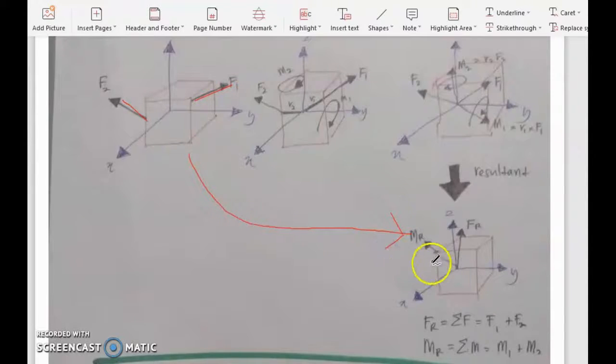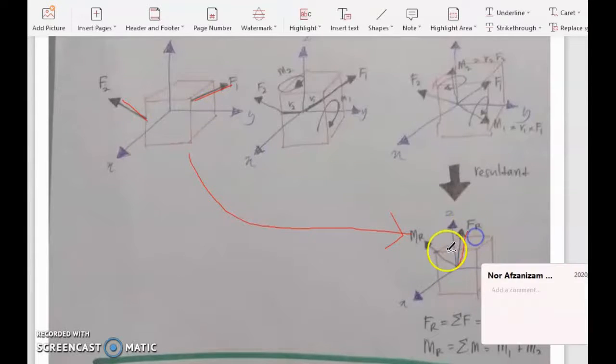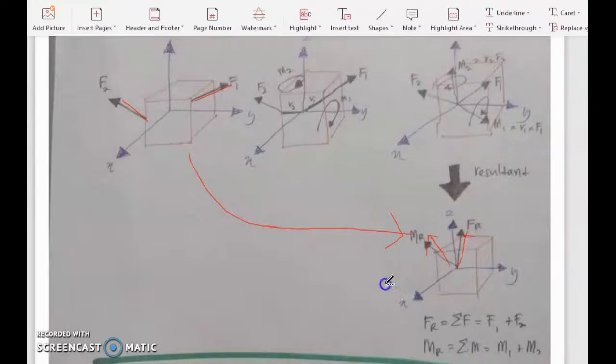You can represent the external forces and the moment like this, so the force is acting internally, and the moment also. You can actually further simplify this model.